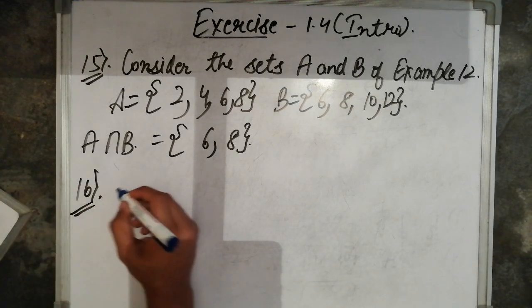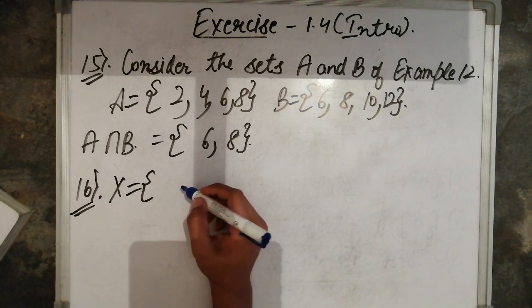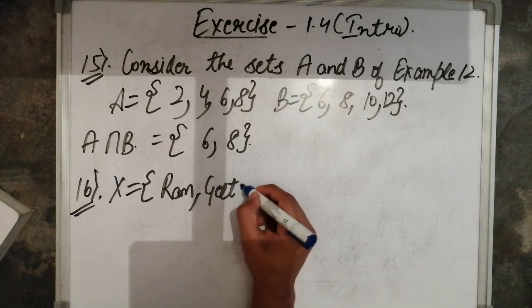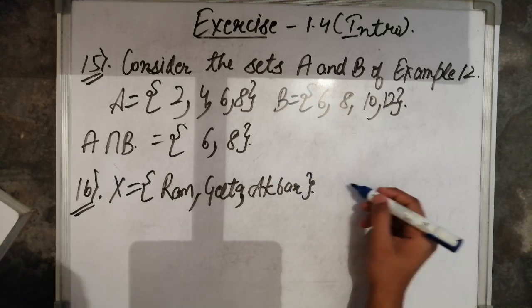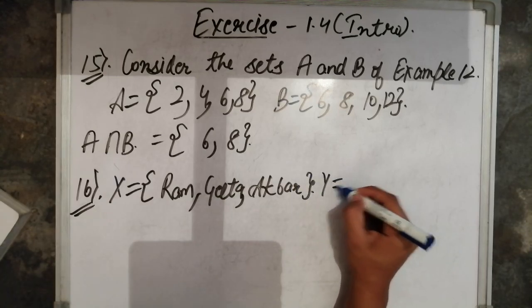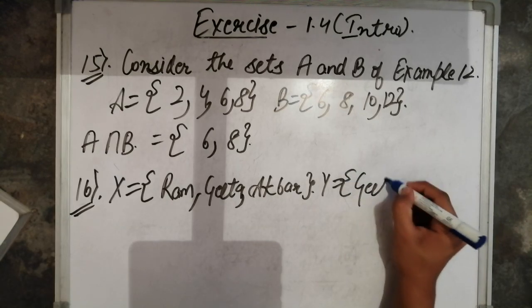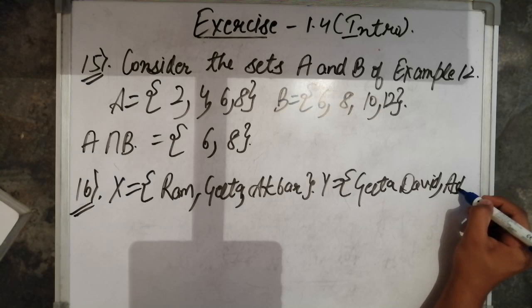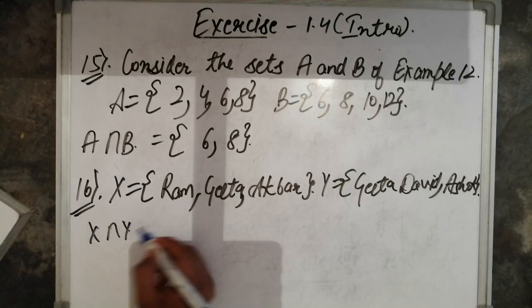Let me take the X set, which is {Geeta, Akbar}, and the Y set is {Geeta, Ramesh, Ashok}. So what is asked is X intersection Y.